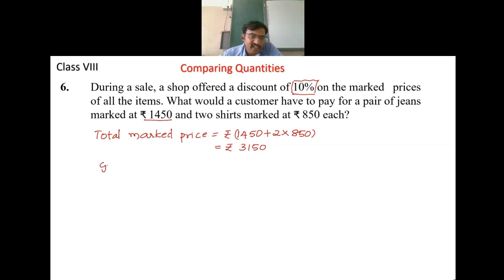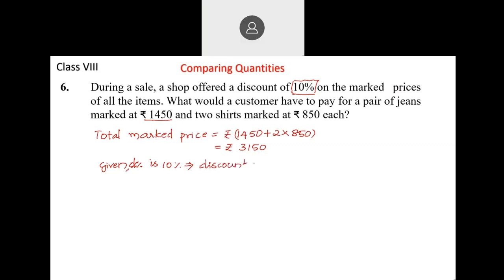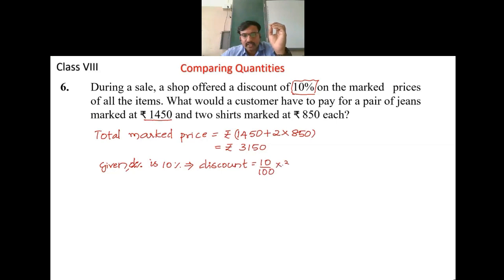Given discount percent is 10%, this implies the discount is 10 upon 100 into 3150. After cancelling, we get 315.